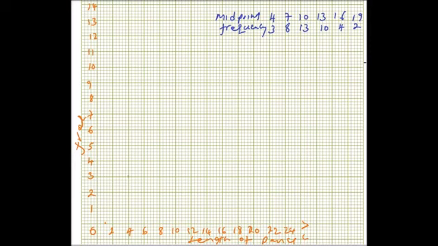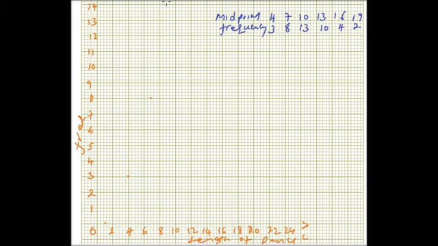So that is where we have our point. The second one, the midpoint was 7 and the frequency was 8. So 7 is somewhere there. Then we have the other one. Midpoint was 10 and the frequency was 13. So that is where we have our 13.